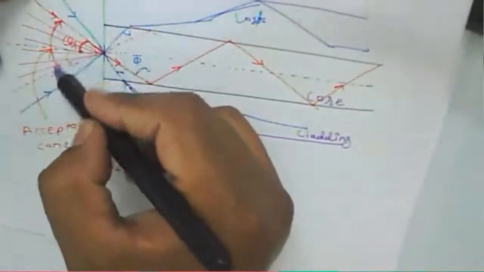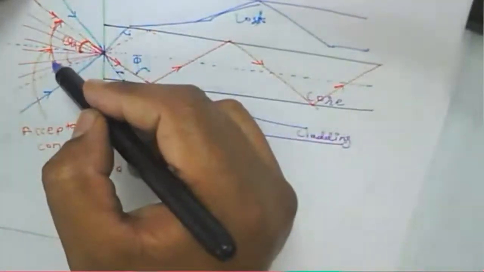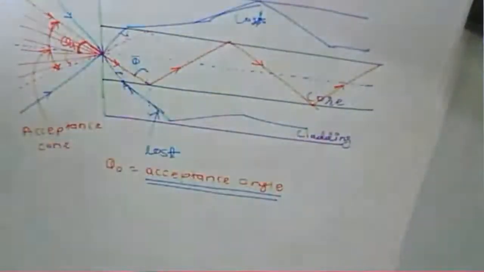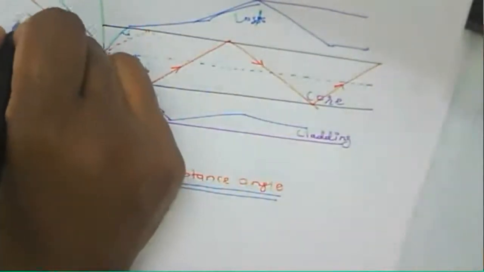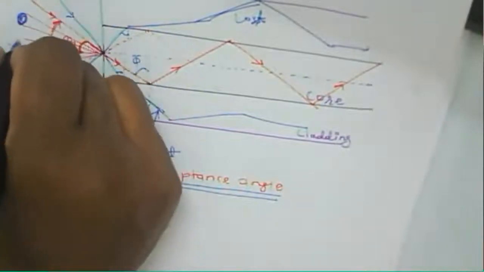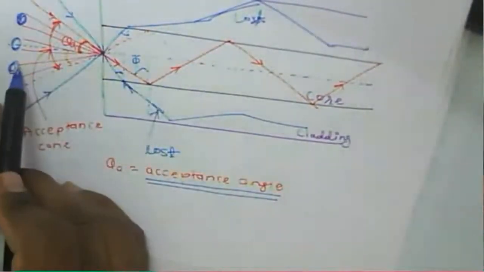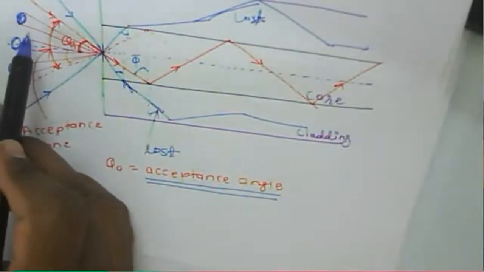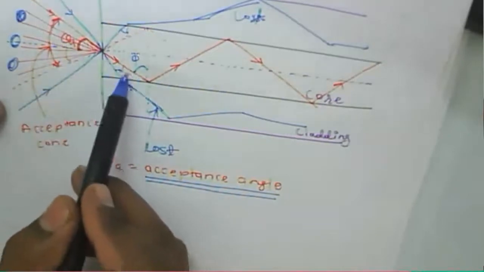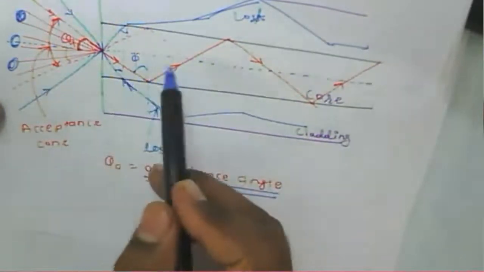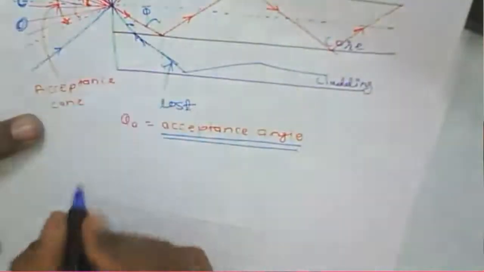Now these rays, the portion we have indicated in red here, will propagate through the fiber. If we put a source at any place, say here, whichever rays come from this source and make an angle greater than the critical angle will propagate through it.